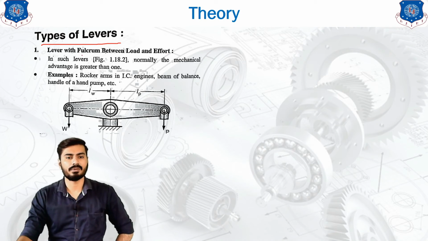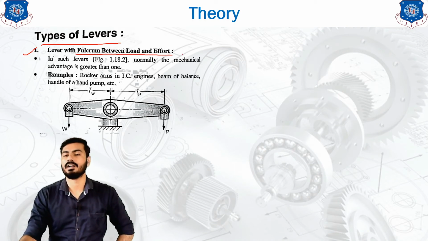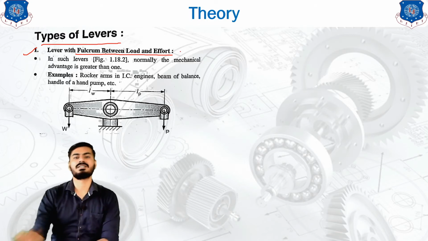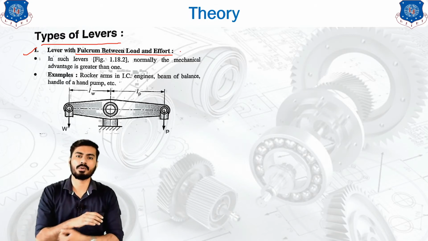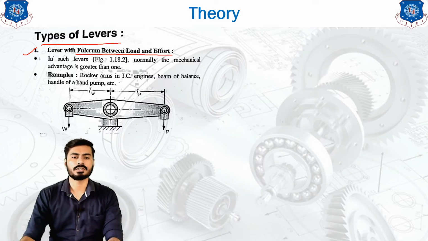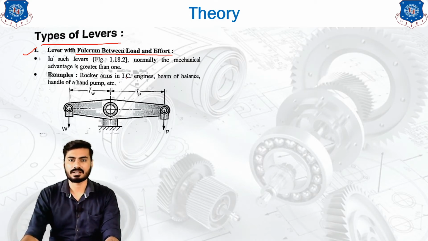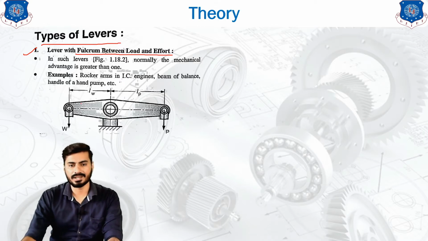The first type of lever is the lever with the fulcrum between the load and effort. The name itself indicates the position of each component of the lever. First of all, we will draw one lever. The lever cross section could be anything, rectangular, circular, elliptical, but we have represented one lever like this.